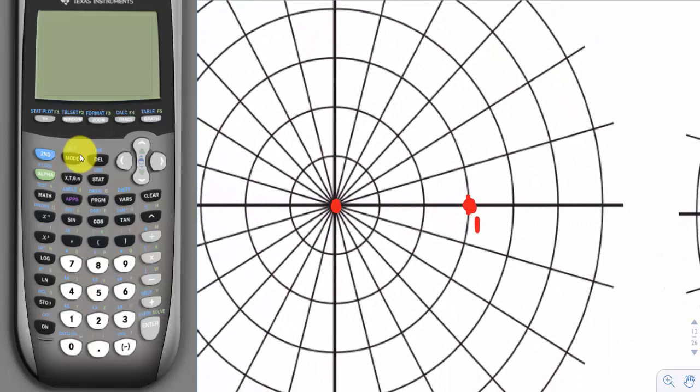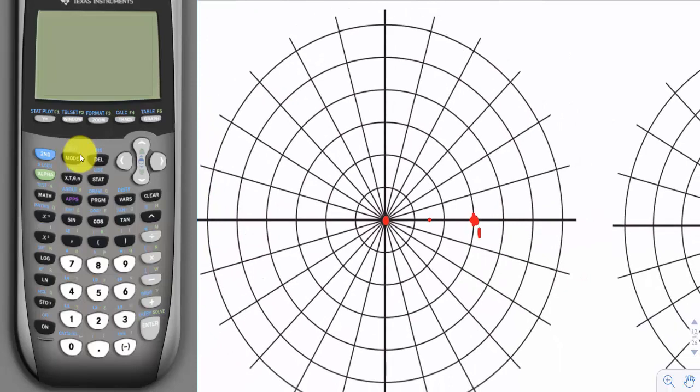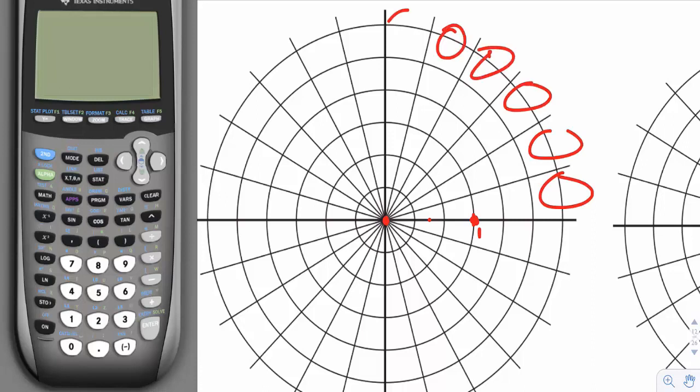So 1/2 is right in between here, and I'm going to go pi over 3. So if you look at all these angles that I have, there's 1, 2, 3, 4, 5. So there's 5 increments, and actually there's four gaps here. So if you look at these both, this would be 1, 2, 3, 4, 5, 6 gaps. I don't know why I said 4. So there's 6 little gaps.